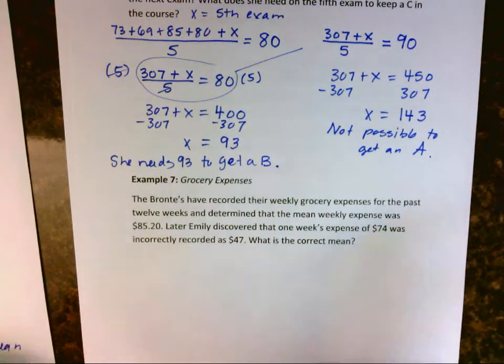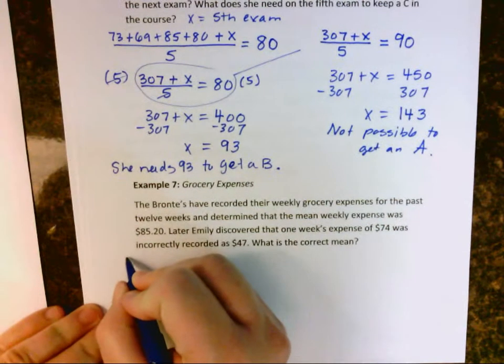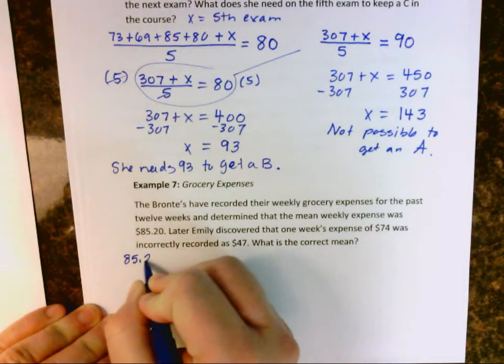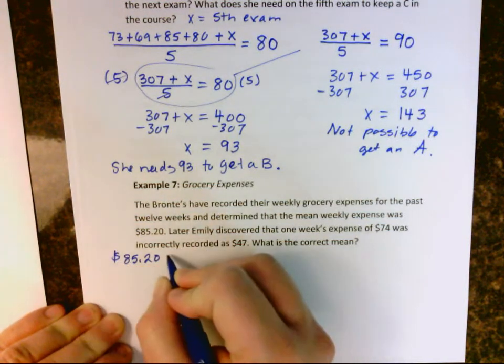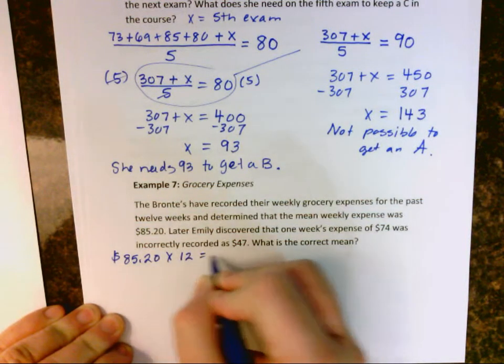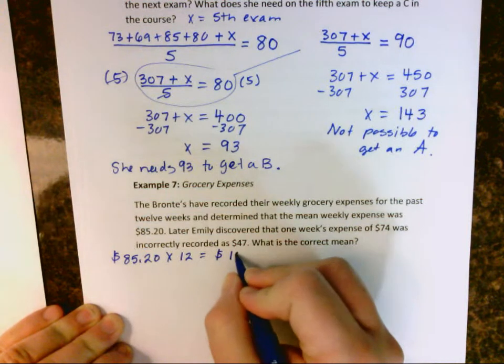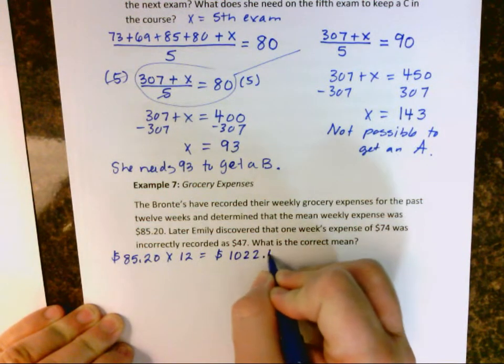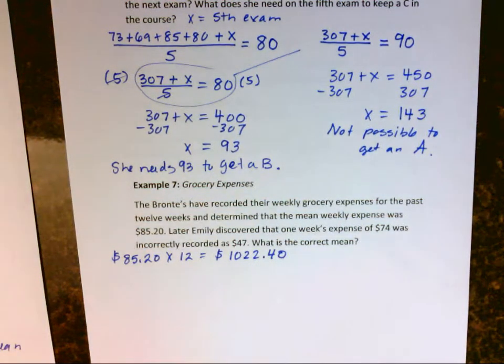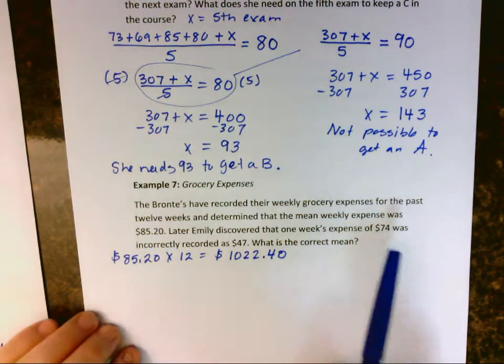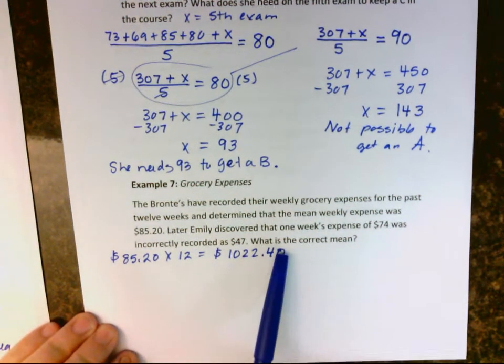So this is not the right average. We thought the average was 85.20, and that was multiplied by 12 weeks. So we thought they had spent $1,022.40 as the grand total. But then we discovered that they had recorded a 47 instead of a 74.